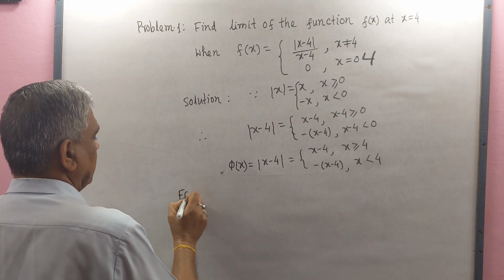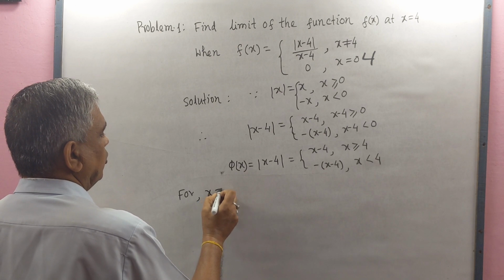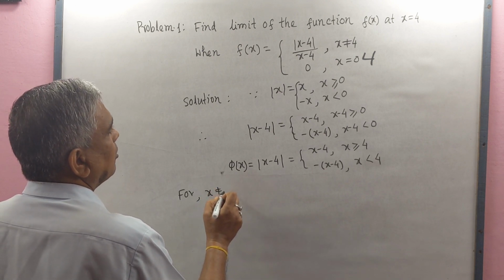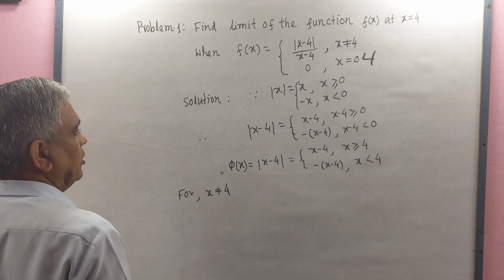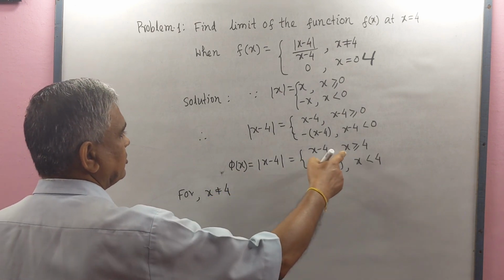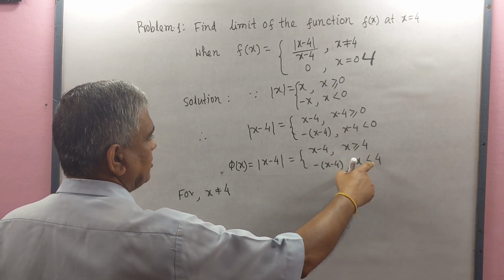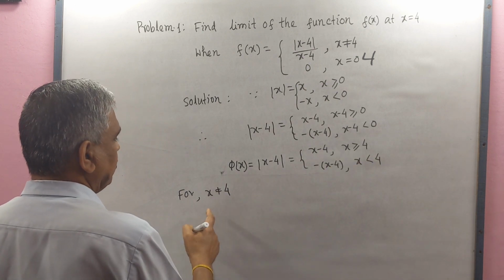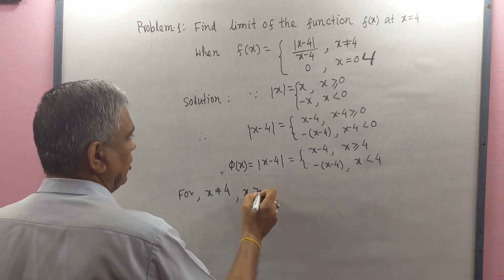for x not equal to 4, that is x greater than 4 or x less than 4.